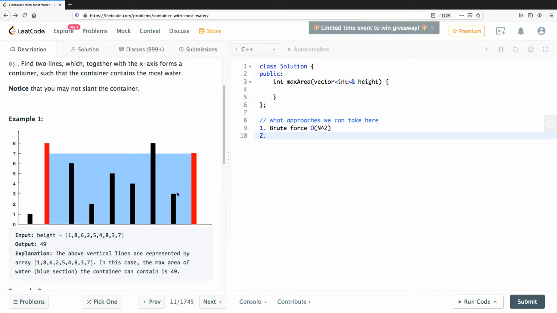And if the right side is the minimum, like in this case, it so happens that immediately the right side becomes the minimum of the two, so it makes sense to try to get anything bigger than that, because that's the constraining factor.